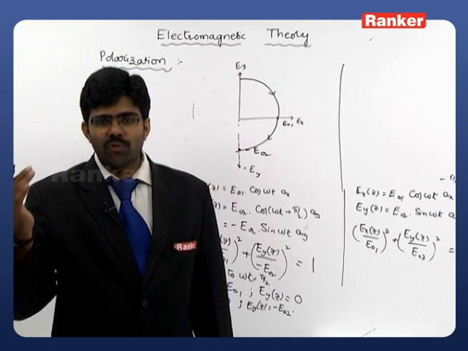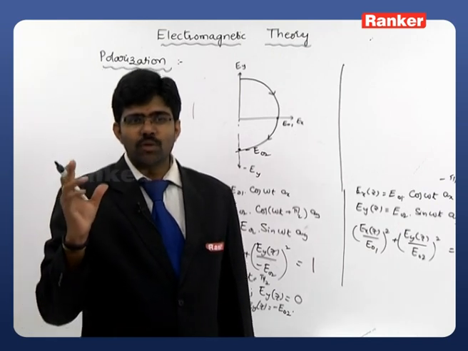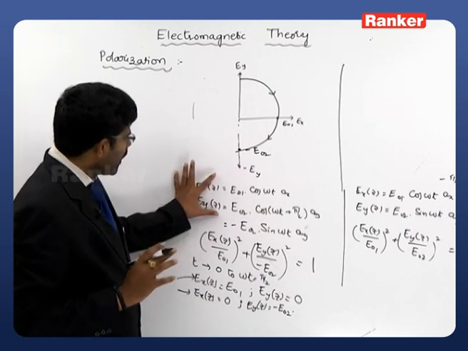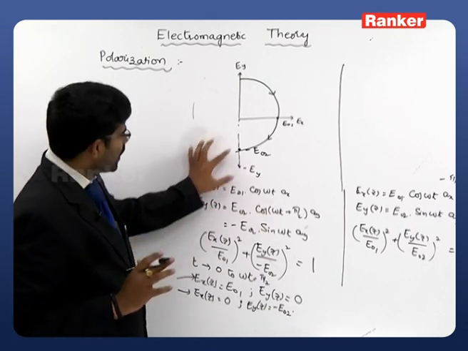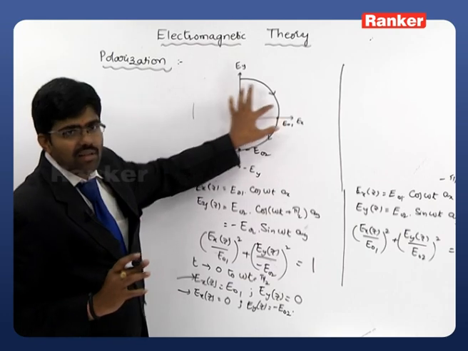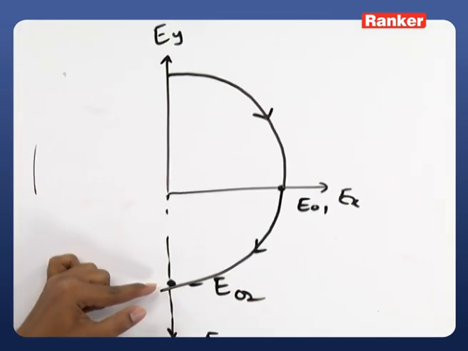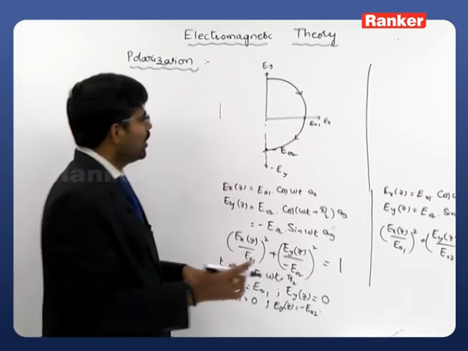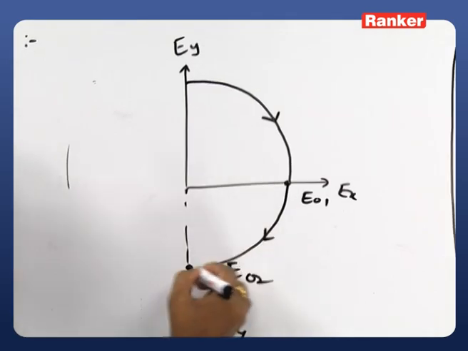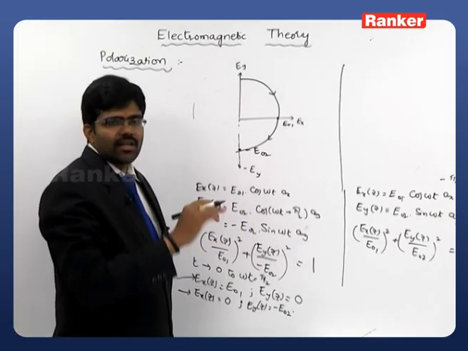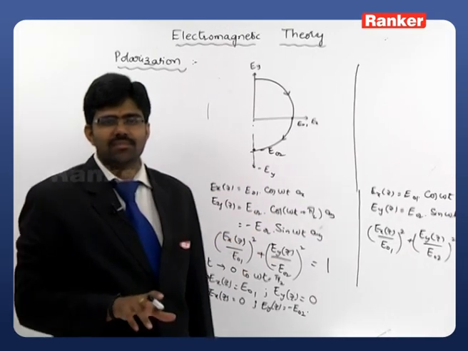So clearly identify what I am doing. Once again, it is very easy if you understand that I am taking the initial time and the resultant vector is along x. I am taking the final time, and the resultant vector is negative y. So clearly between these two, the vector will move from x to minus y, that is nothing but y to x, so it is taking a clockwise rotation.